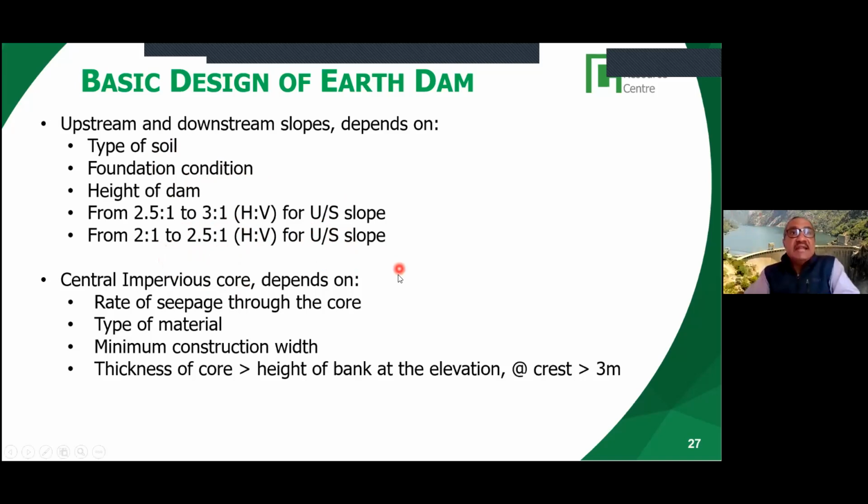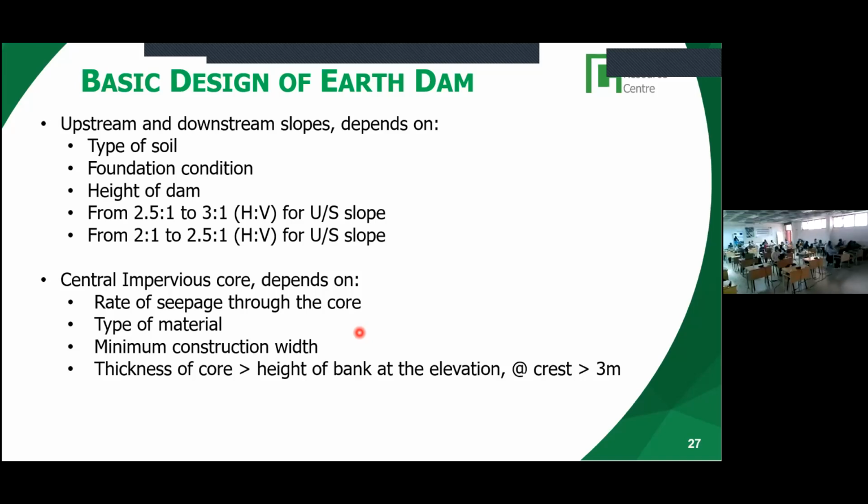norms, okay? And the central impervious core is designed based on the rate of seepage through the core, the type of material used, and the minimum construction width, because sometimes you cannot make it thinner as there will be some construction problems.